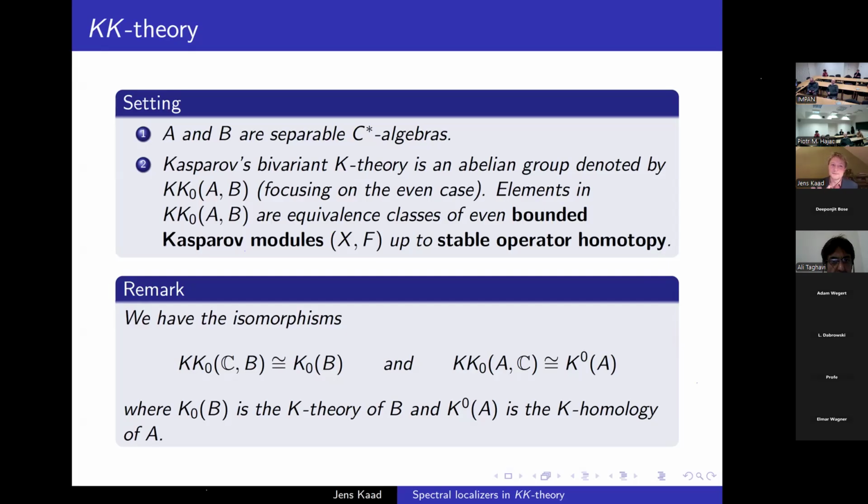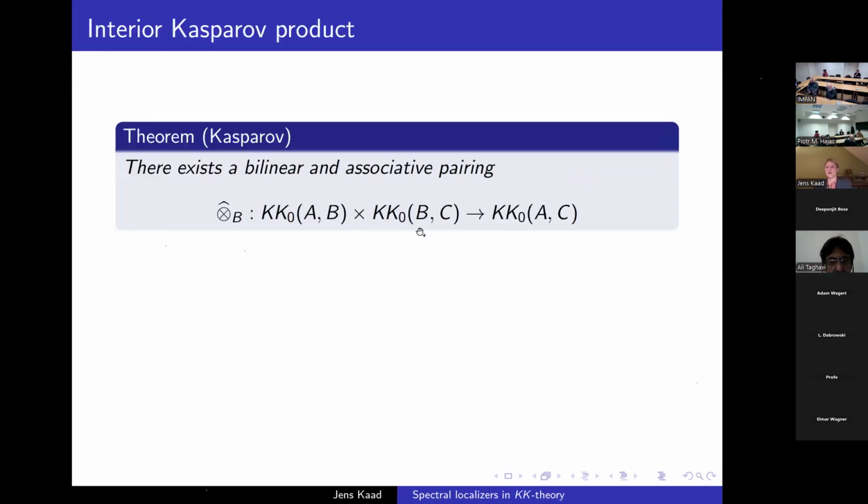What really makes KK theory interesting is the existence of the interior Kasparov product, which is a bilinear and associative pairing between KK groups.